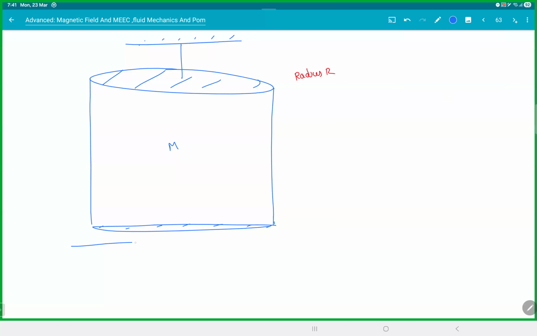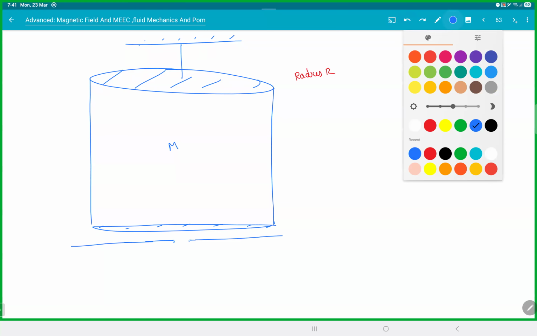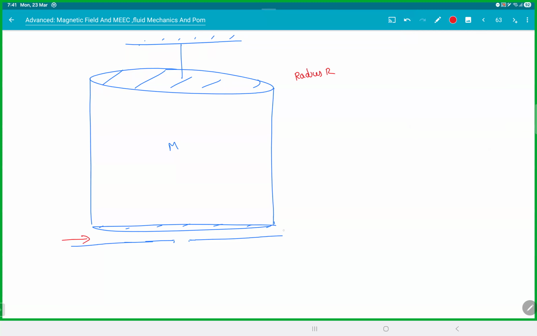At the bottom there is a small hole here. And the liquid is seeping in from the sides. So liquid enters inside with speed v. It flows inside and then it leaks out. The radius of the hole is, let's say, a.